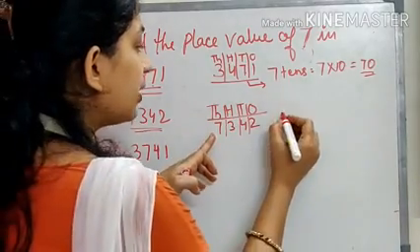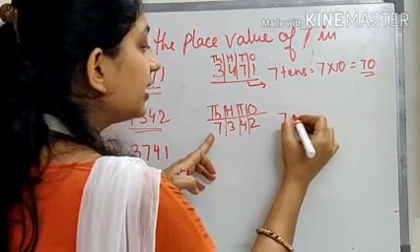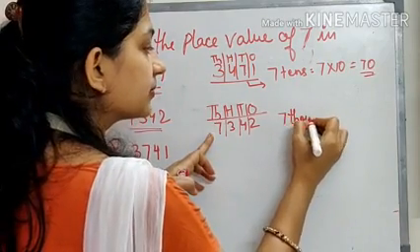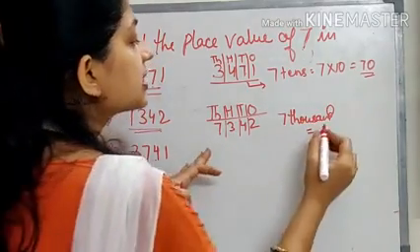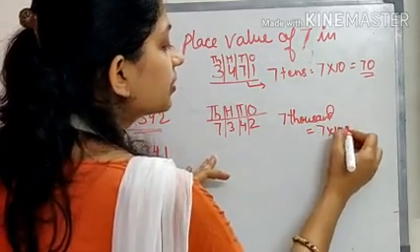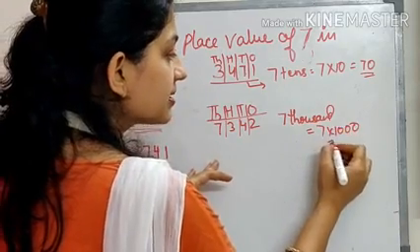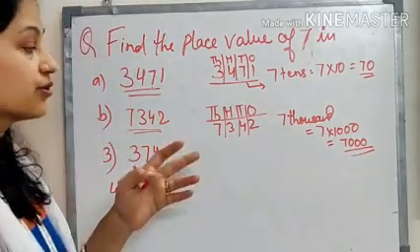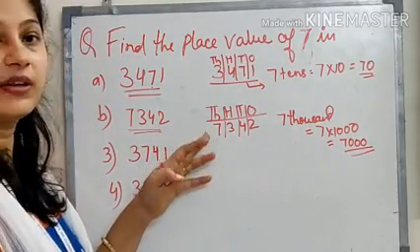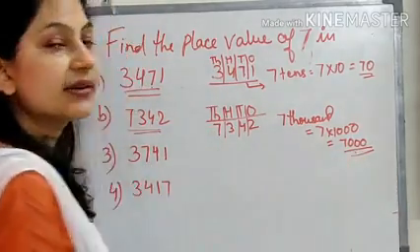So how will we write it? 7,000. That means 7,000 is 7 into 1000. So what is the value of 7 here? The value of 7 here is 7,000.